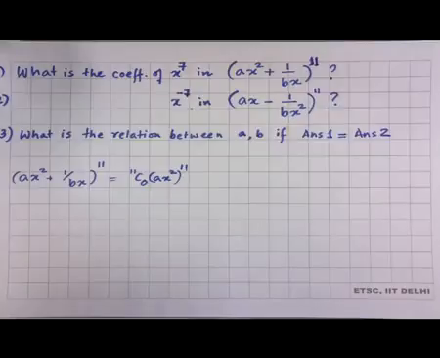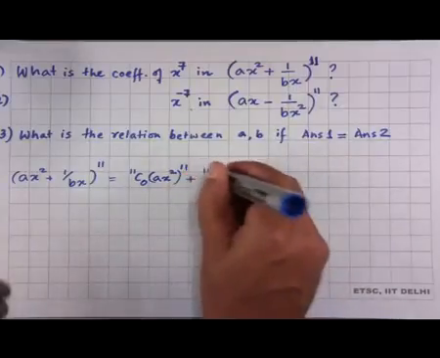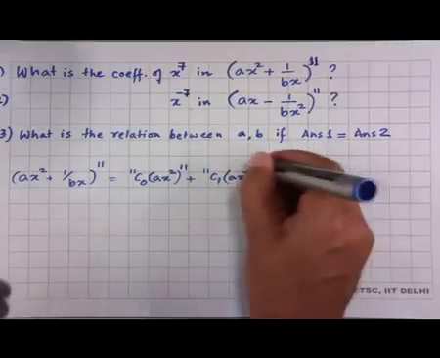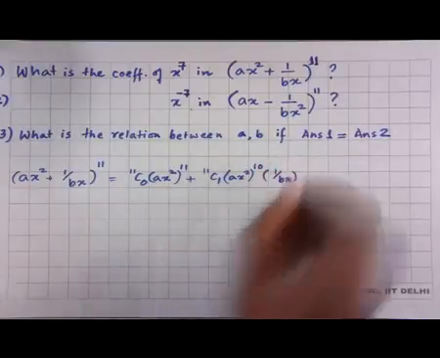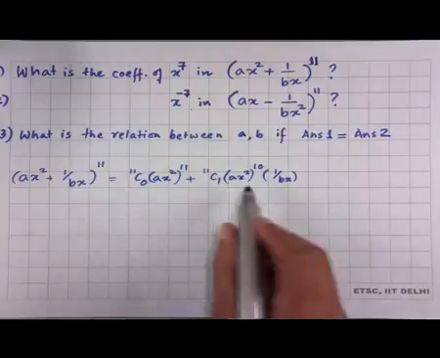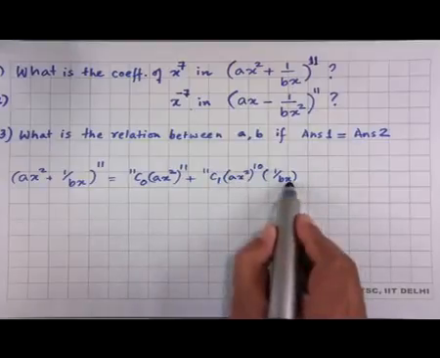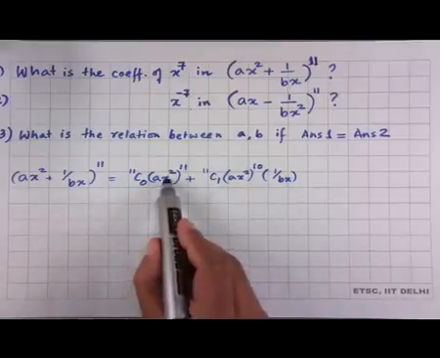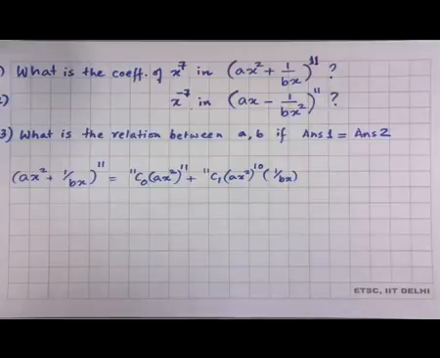Clearly, this is not going to give you x power 7, okay, plus 11 C 1 (a x squared) whole power 10 times 1 by b x. What is the power of x in this term? So, x power 20 minus 1. So, x power 19. So, the first term gave me x power 22. The next term is giving me x power 19.